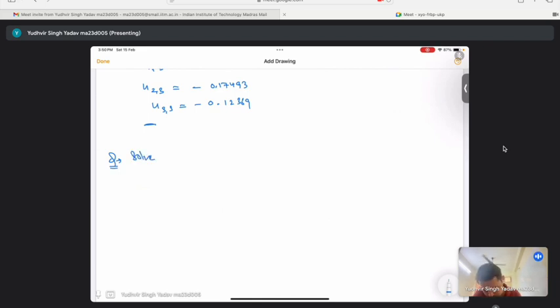So the question says solve by explicit second order finite difference method u_tt equals u_xx for two time steps.